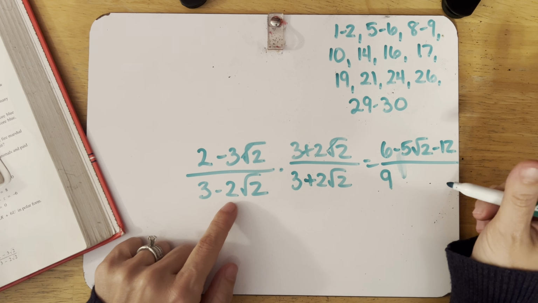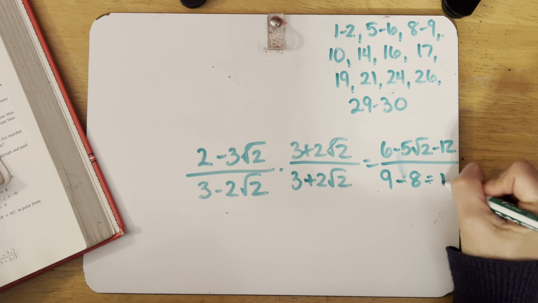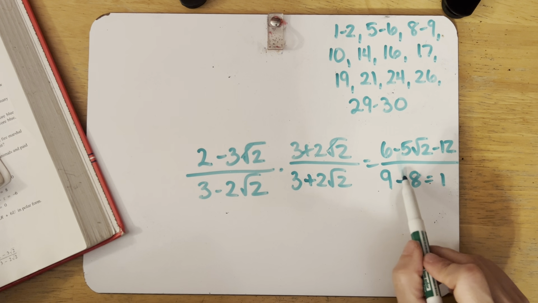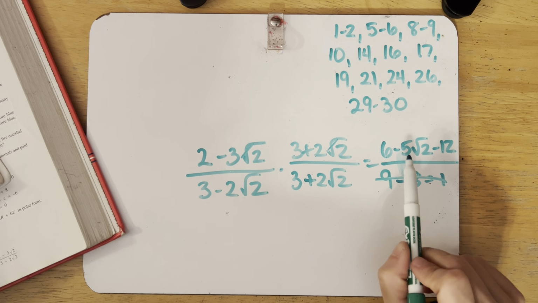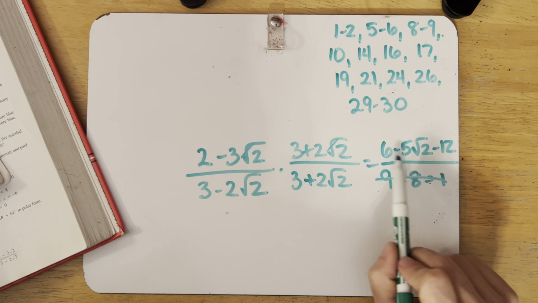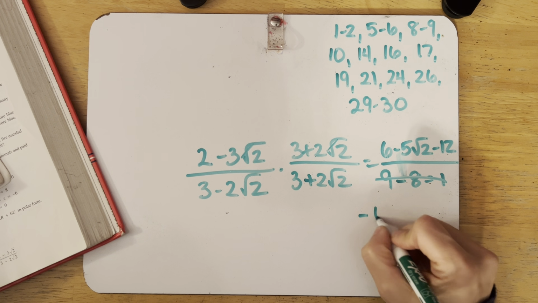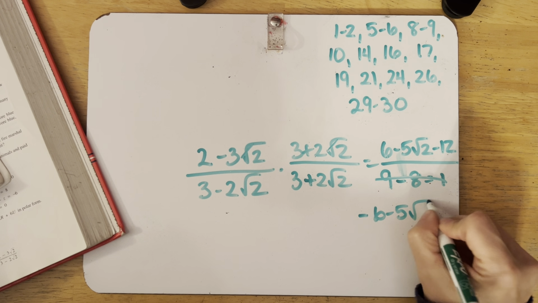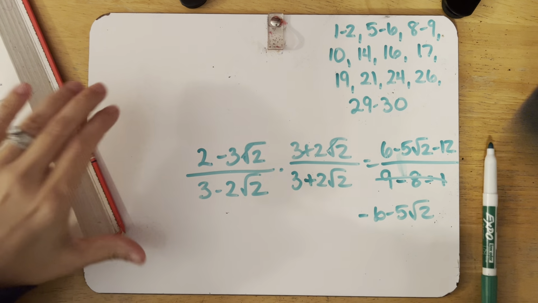So negative 4 times 2, minus 8. Okay, so my whole thing's over 1, so I'm not even going to have a denominator. And I cannot simplify that. Oh, sorry, my 6's. 6 and negative 12 combine to be negative 6 minus 5 times the square root of 2. And that's your simplified answer.